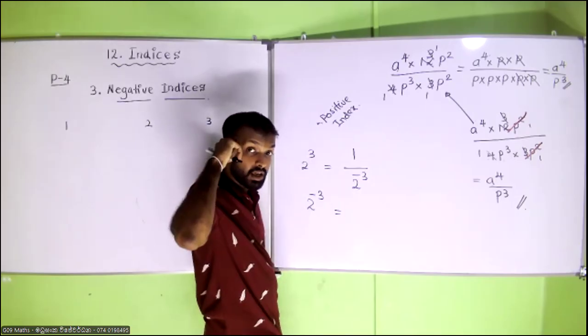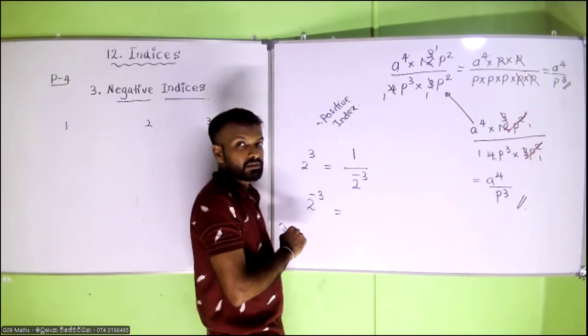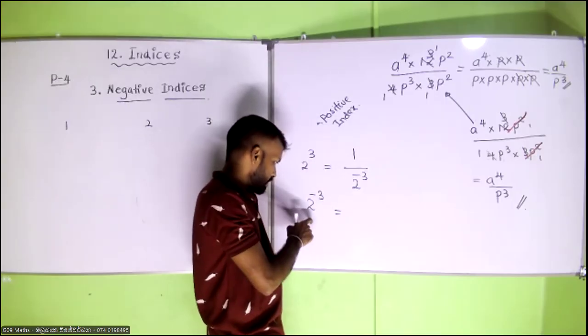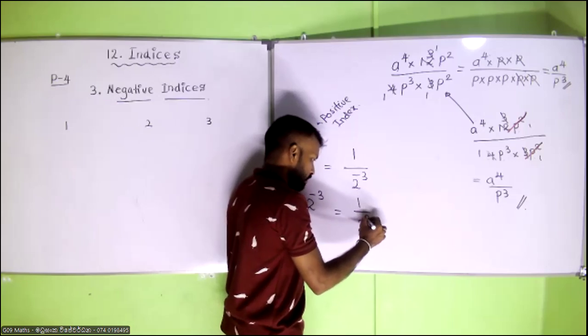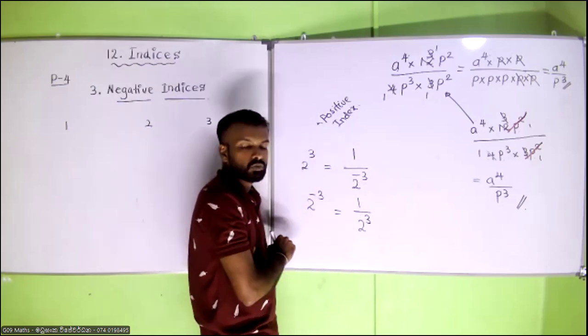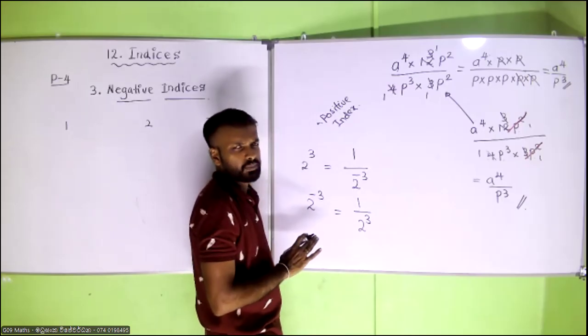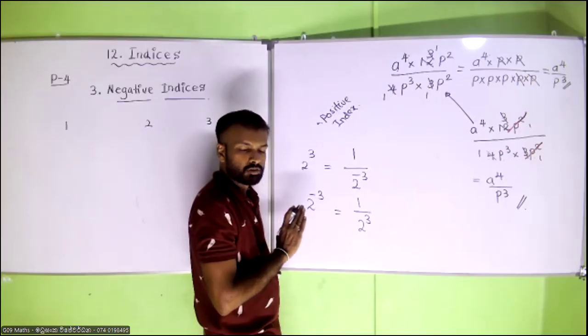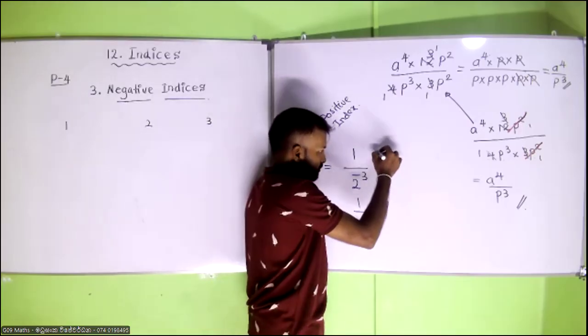Now your mind should say, please take reciprocal and put it positive. Negative, take reciprocal, 1 upon 2 to the power 3. Positive. Negative turns to positive. Very easy concept. You need to understand that.